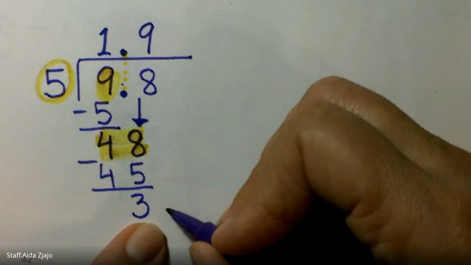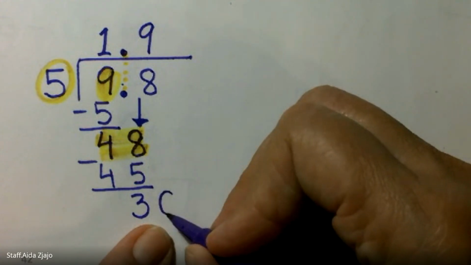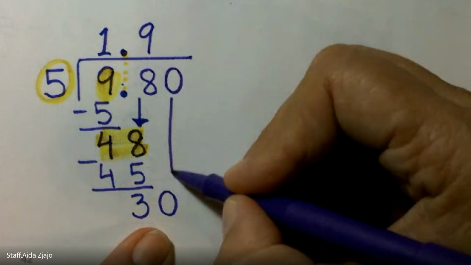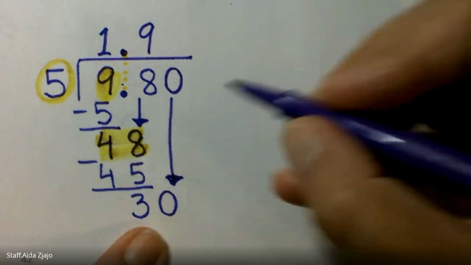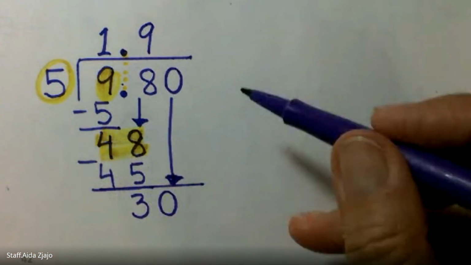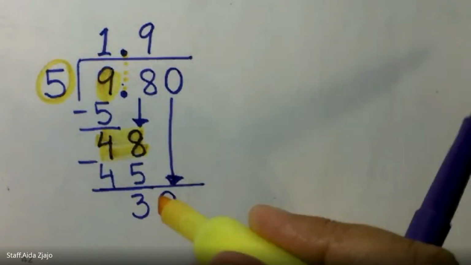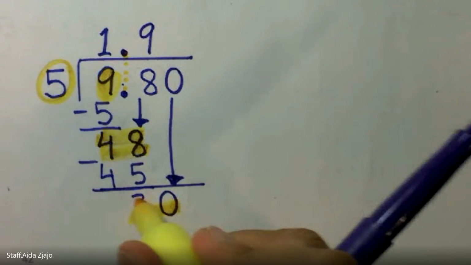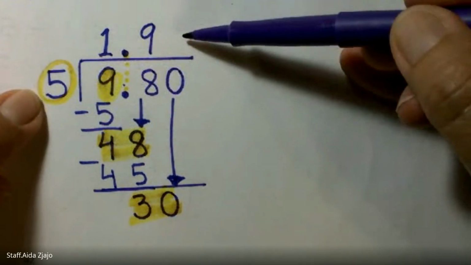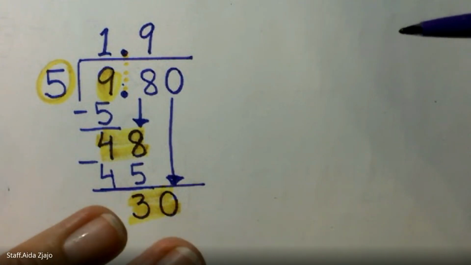So now, I'm going to add a 0, and I will change the 3 tenths into 30 hundredths. How many hundredths will go in each group? 5 times what makes 30? 5, 10, 15, 20, 25, 30.